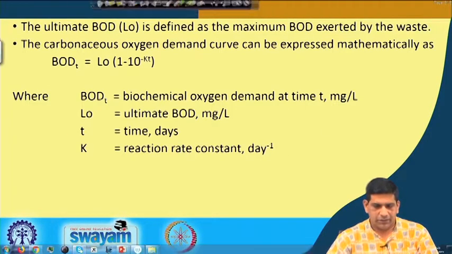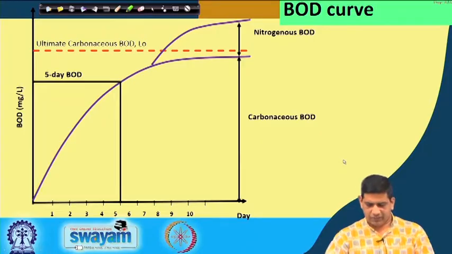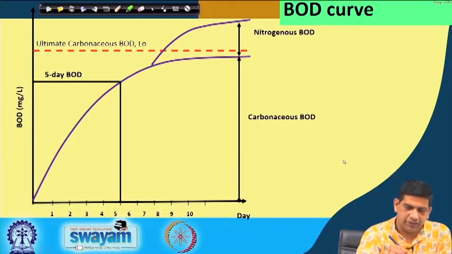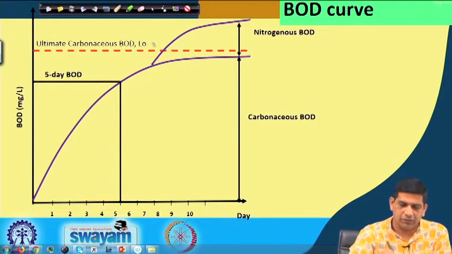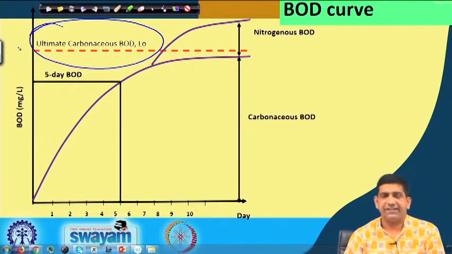Now, there is also the ultimate BOD, if you go back to the previous slide. This was the ultimate carbonaceous BOD which we were talking about. That's the ultimate curve. This is the maximum organic loading, the maximum oxygen that can be consumed from that particular organic matter.